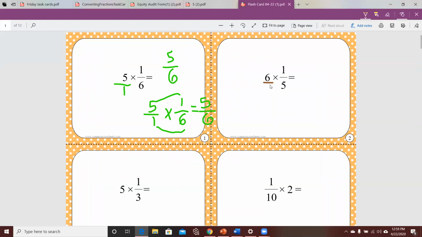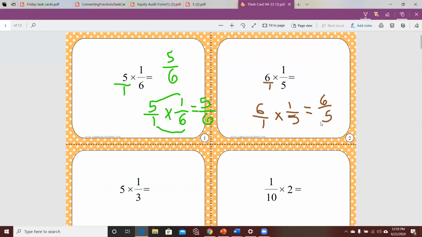Again, put that 6 over 1. So I'm going to rewrite it. 6 over 1 times 1/5. Multiply that out. 6 times 1 is 6. And 1 times 5 is 5.